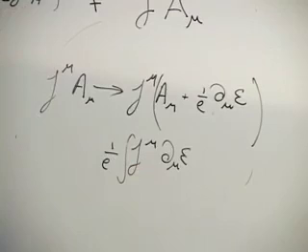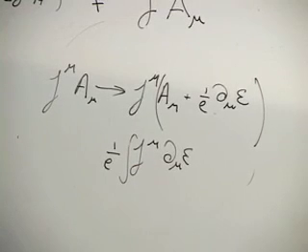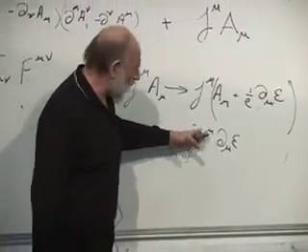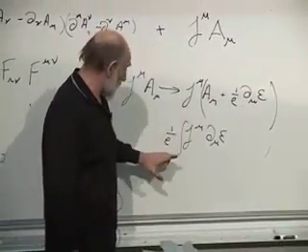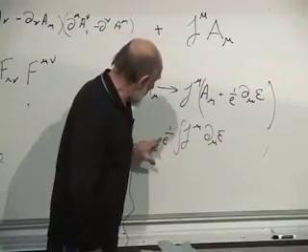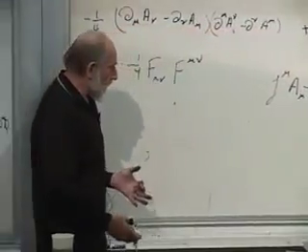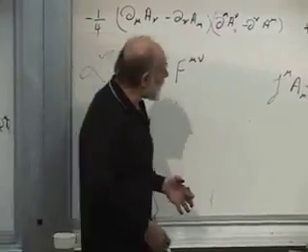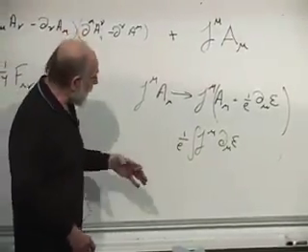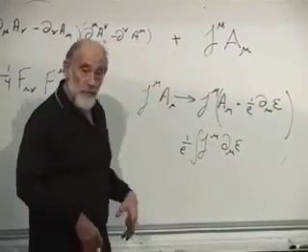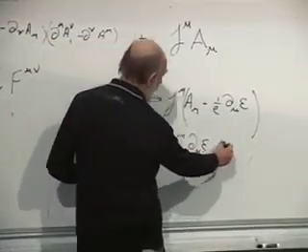But now let me do a trick. The trick is called integration by parts. Here's the integral that goes into the action. If we integrate it over 3-dimensional space, it's part of the Lagrangian. If we integrate it over 4-dimensional space-time, it becomes part of the action.